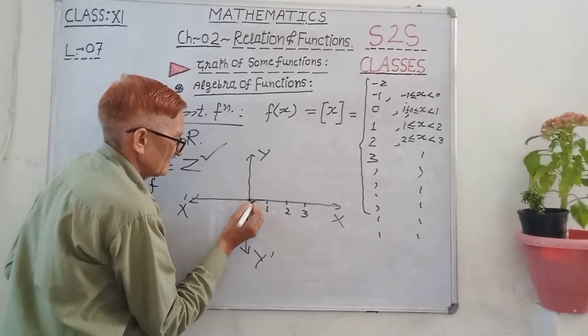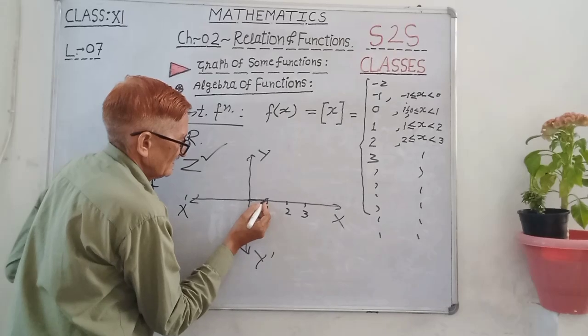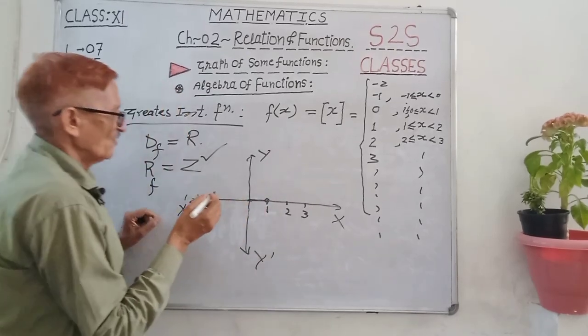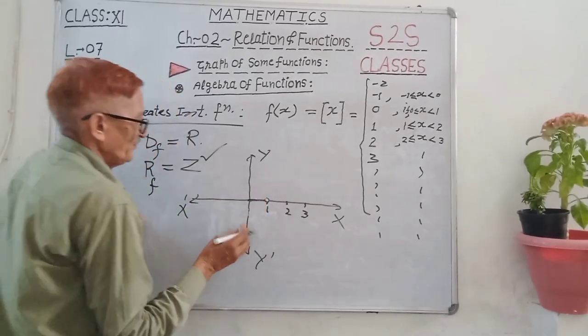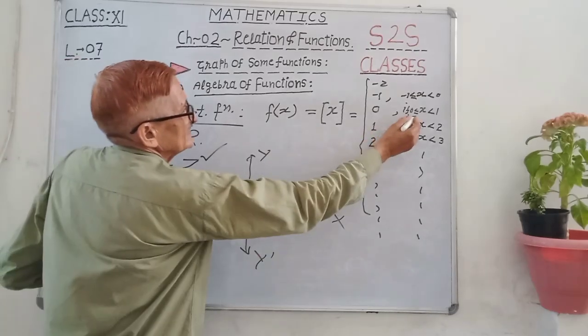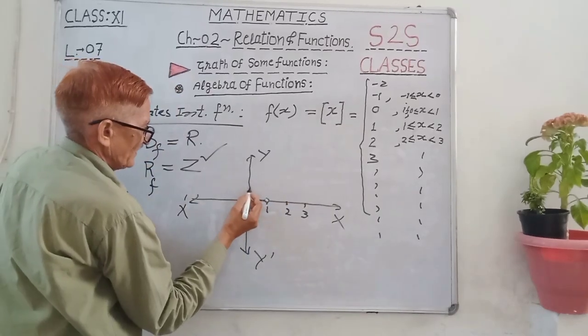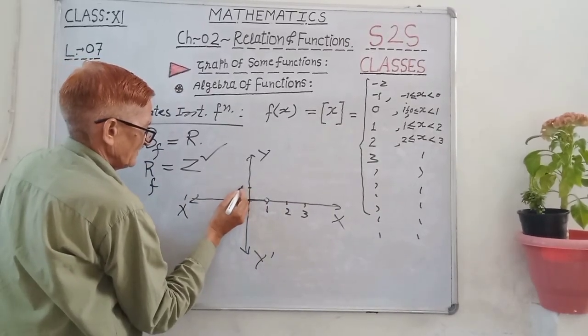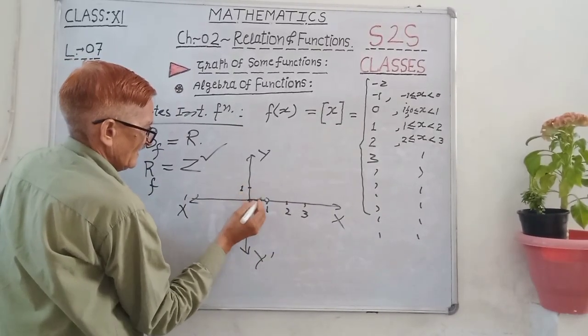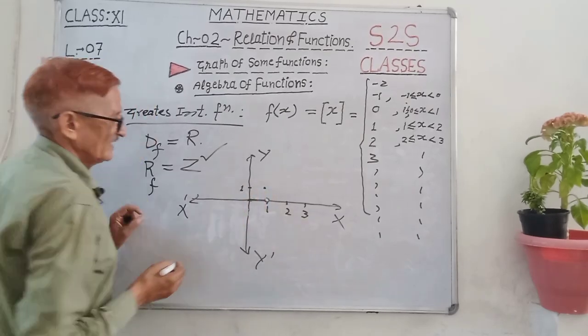So here this line is dark, but at 1 it is an open interval. If x is 1, then y is 1, so y is 1. Here it will be dark.